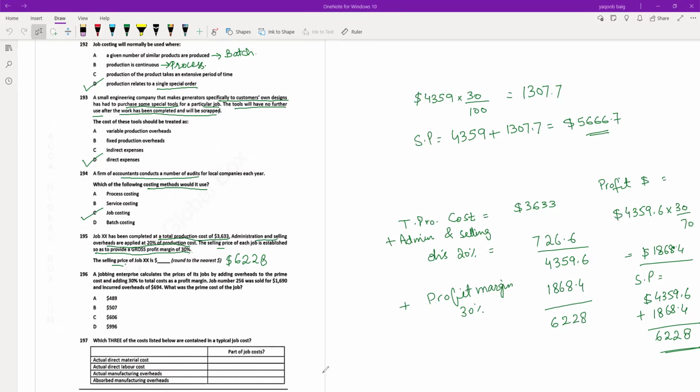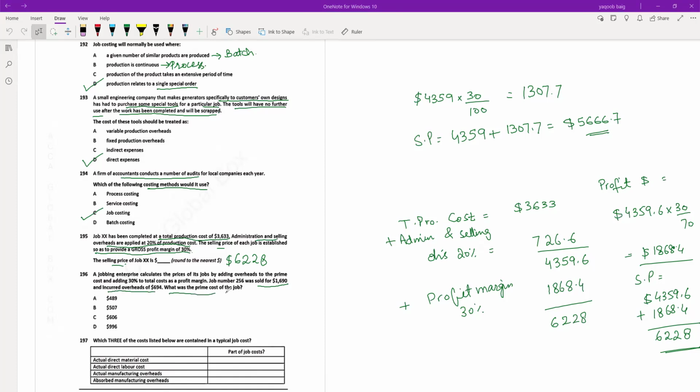A jobbing enterprise calculates the price of its jobs by adding overheads to the prime cost and adding 30% to the total cost as profit margin. Job number 256 was sold at $1,690 and incurred overheads of 694.